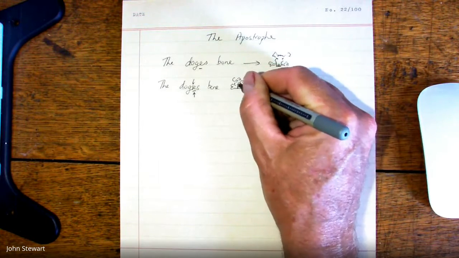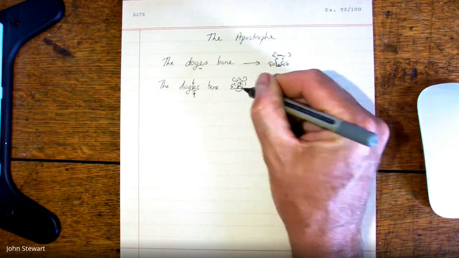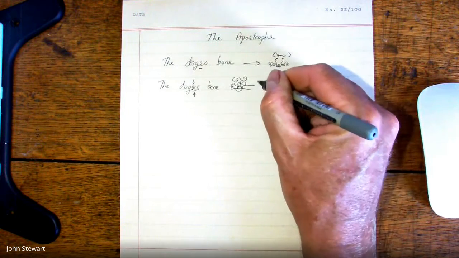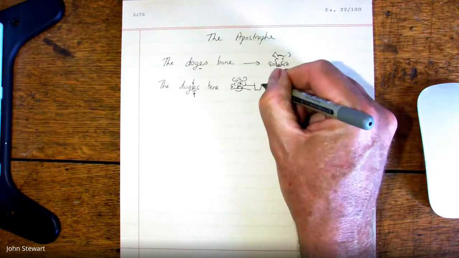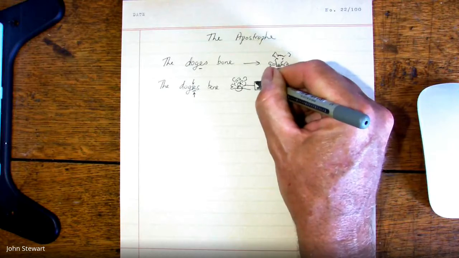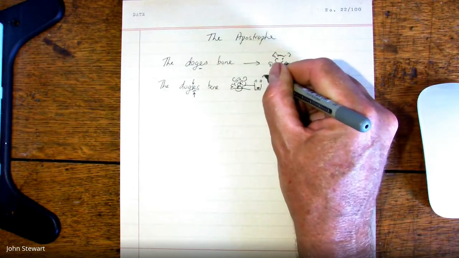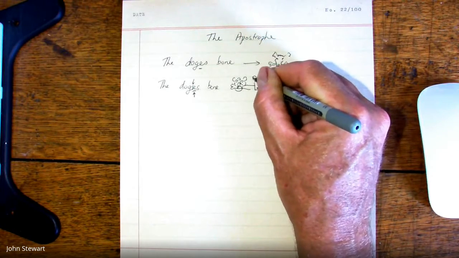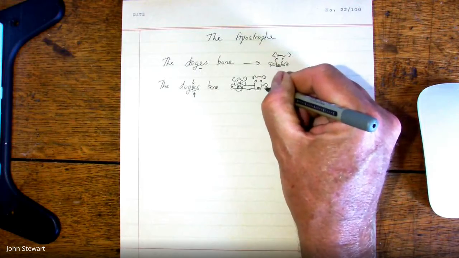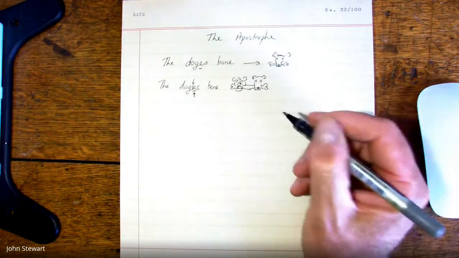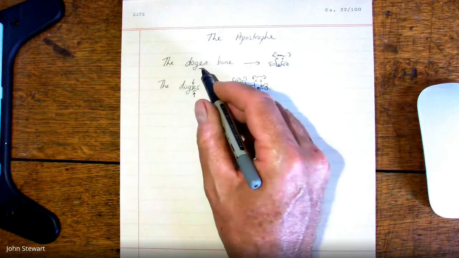There's one dog. And here is my other dog enjoying the bone. So one bone enjoyed by two dogsies. So you had a dogsies or a dogsies.